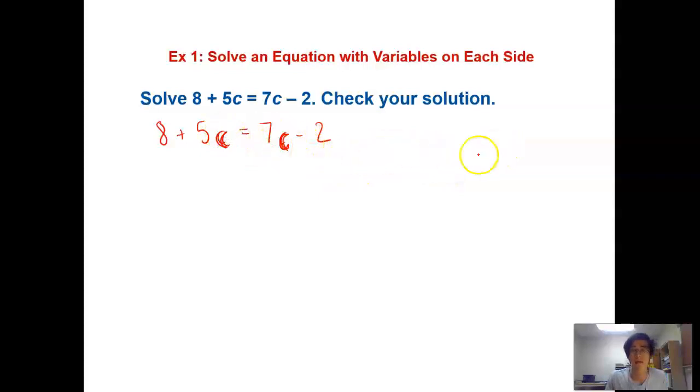So what I have to do is use the acronym SADMET when I undo the order of operations and want to find the variable by itself, right? But I have it on both sides. So SADMET still applies to terms that are like terms, right?